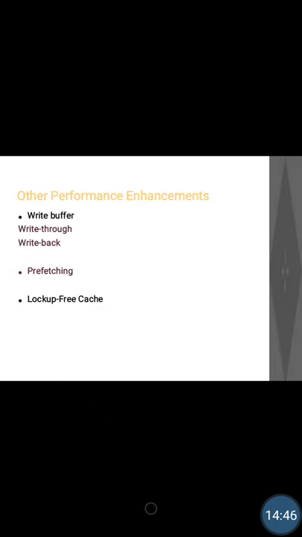If a subsequent read request references data which is still in the write buffer, then this data is referred to in the write buffer. See, I have a read request, and if that data is already written in the main memory, then it is fine. If it is a new content which is not yet written in the main memory, then a problem will be created because the older data may be fetched.